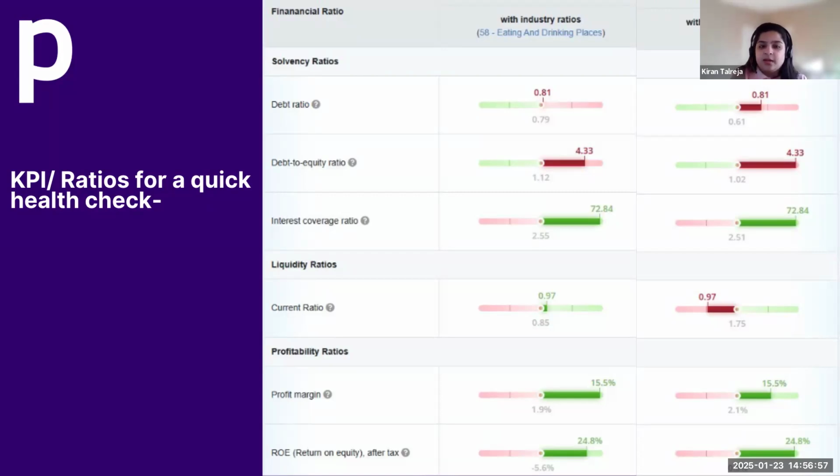Another kind of ratios that we use is the profitability ratio, where we look at the profit margins of how well the business is doing, wherein your EBITDA will come in handy, your four-wall EBITDA will come in handy, your net profit might come in handy, your PAT might come in handy. So these are some that we look at. And then there is return on equity, which is tied back to how much equity was invested to earn this return.